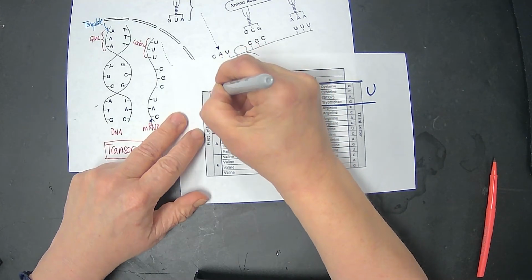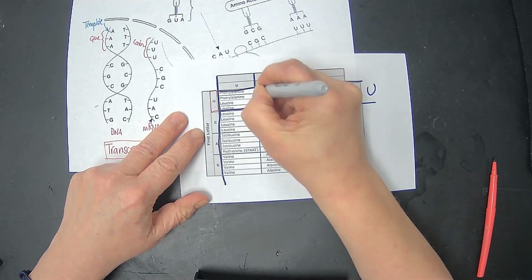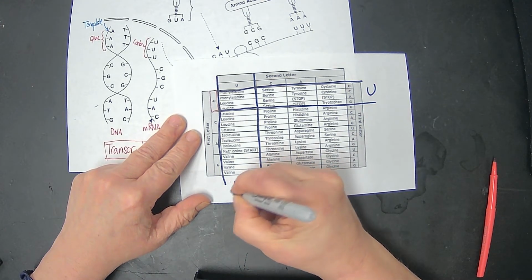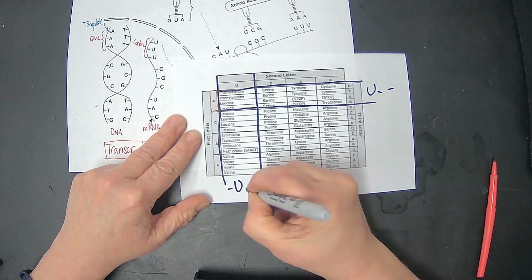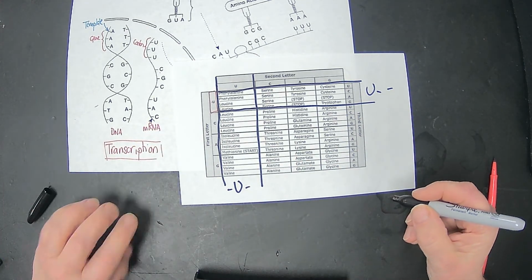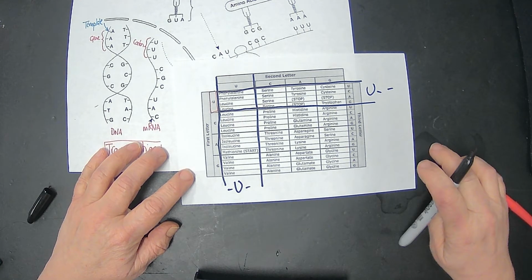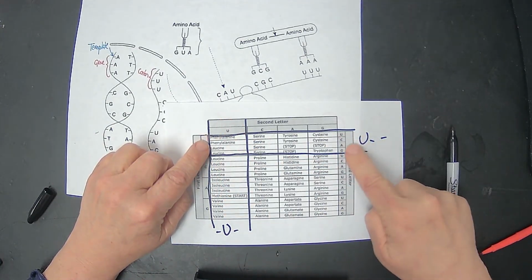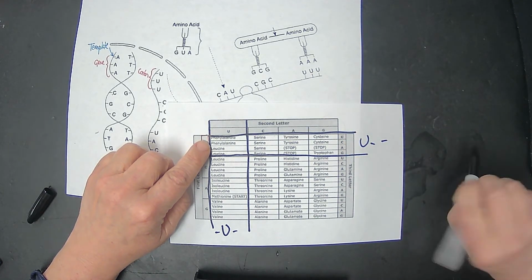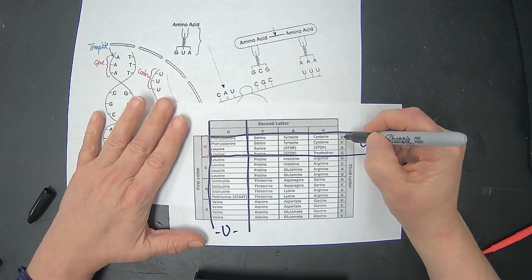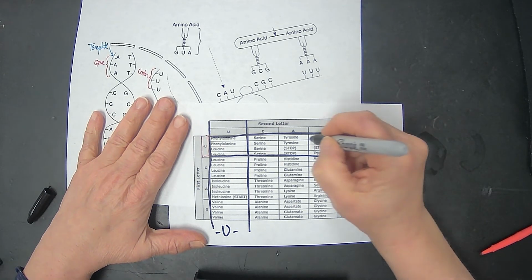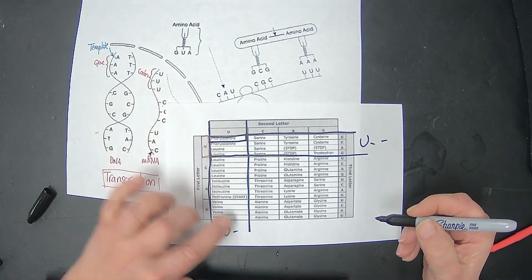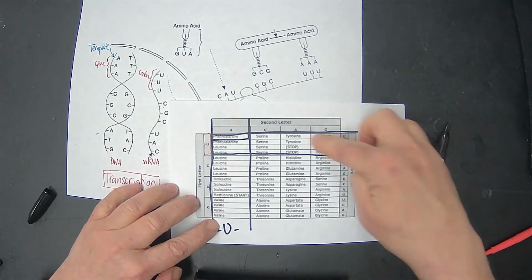So now everything in this section here is also a U. Now, the third letter is also a U. So I come over here, I look where these intersect in this section here, and I say U is in this one here. So that top box there would be U, U.